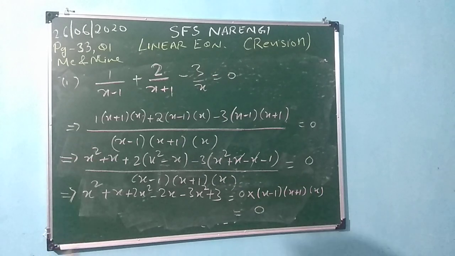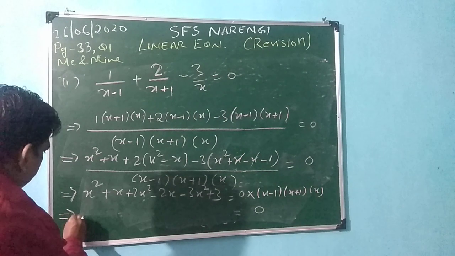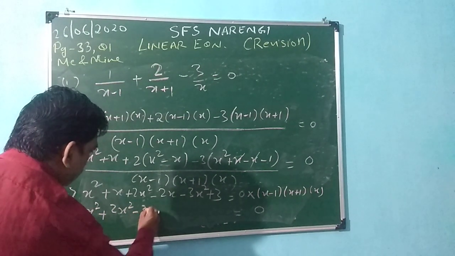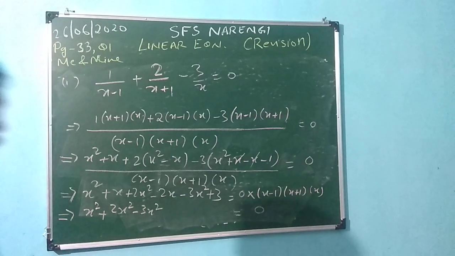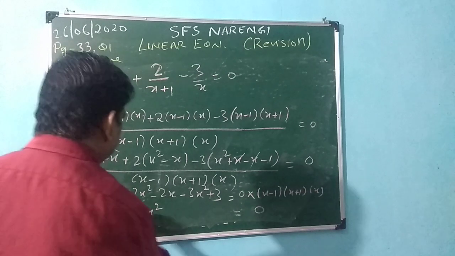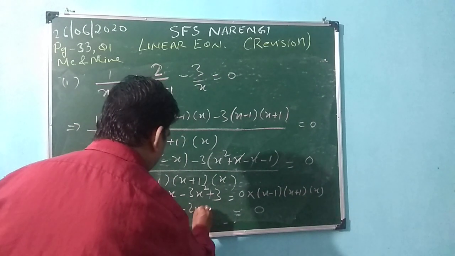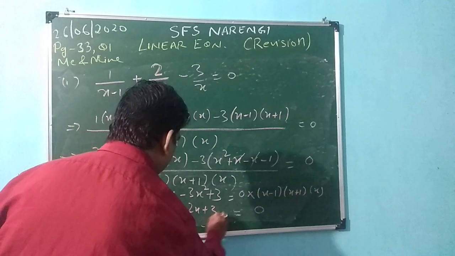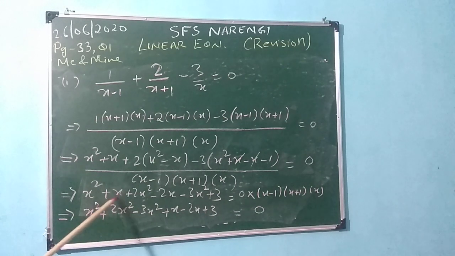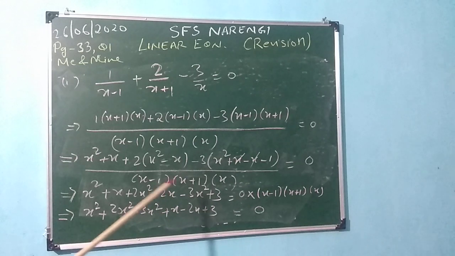Now let us see this. What will happen now? I am bringing all the like terms together. Look here, x square plus 2x square is this side, x minus 2x this side, again plus 3.